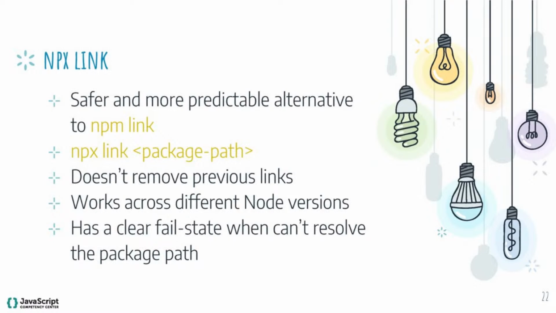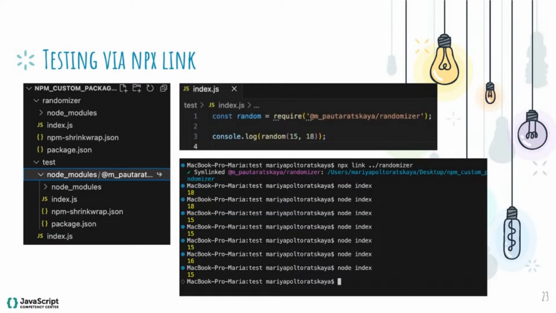Let's see the structure after running npx link on the next slide. On the left, we can see that we have a randomizer folder with our module and a test folder for testing it. Inside node_modules of the test package, you can see your package installed.